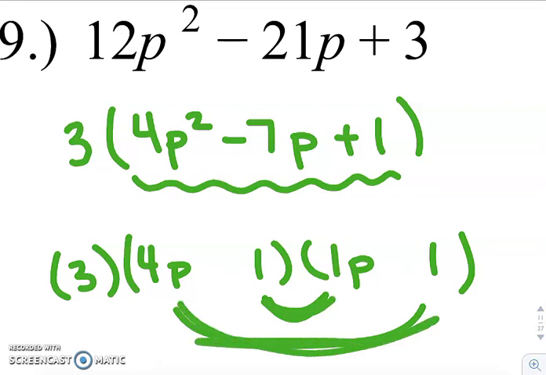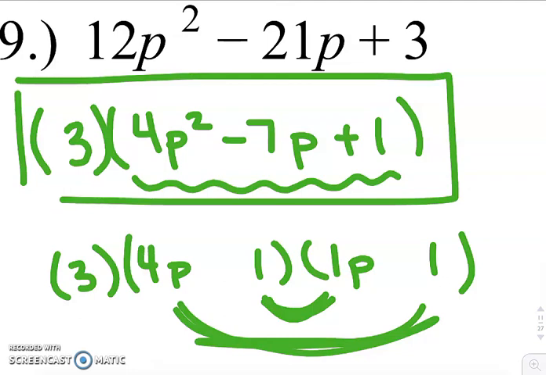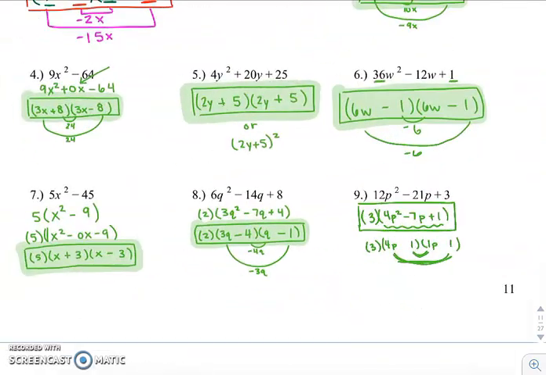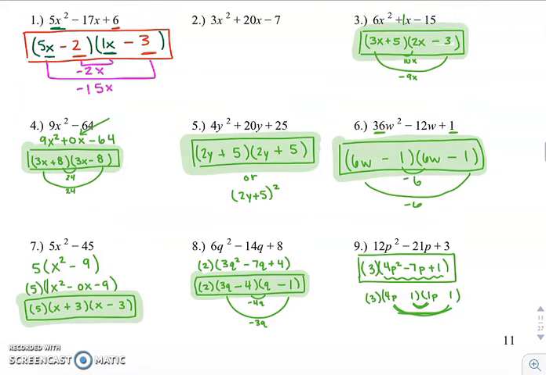This would give us 4. Still doesn't get us to 7. So in this instance, guys, factoring out that 3 was as far as you can go. So I don't want you to say it's not factorable, because it is factorable. You factored out a 3. It's just not factorable further past that, which is sometimes the case.